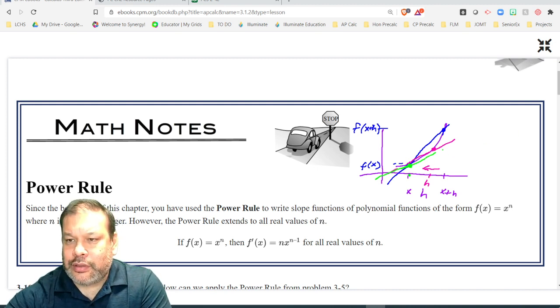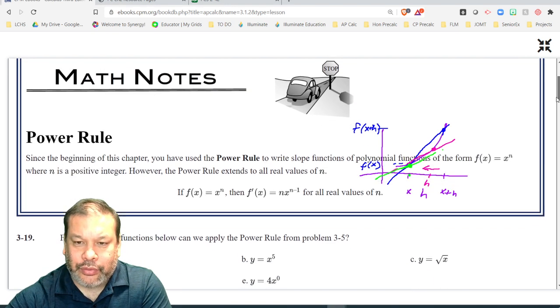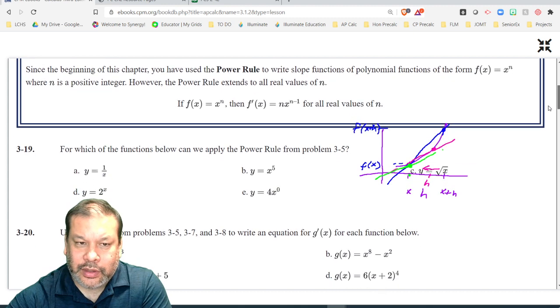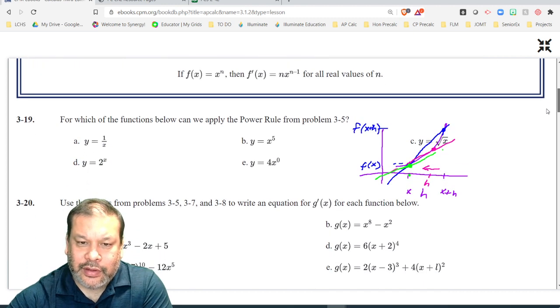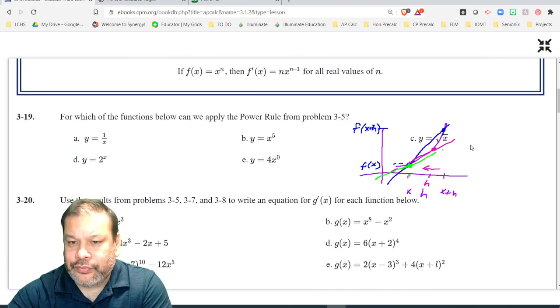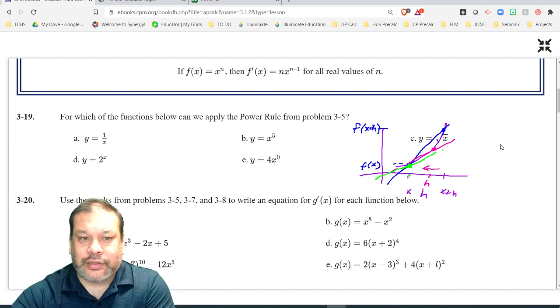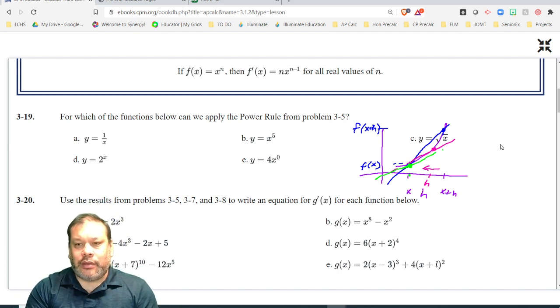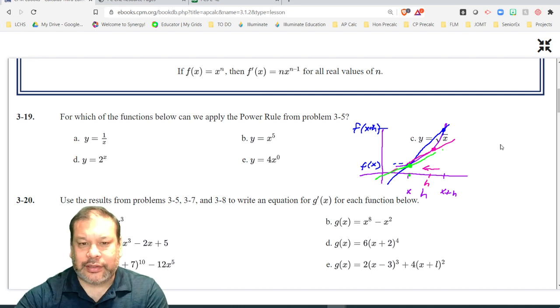When you look at the power rule, the slope function is what the power rule gives you. And that's the connection between what we learned in pre-calculus and calculus.